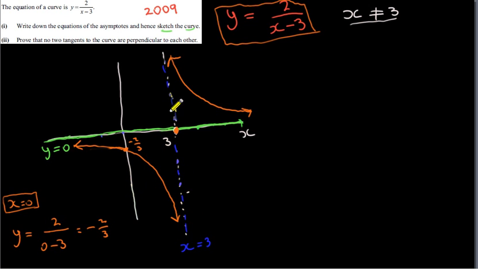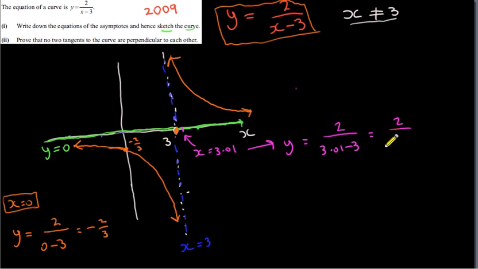So what's the meaning of this vertical asymptote? Well, as we approach 3 on our x-axis, our graph blows off to either plus infinity or minus infinity. For example, if we were to take a value just to the right of 3, suppose we took x equals 3.01, and plug that into our function, we get y equals 2 divided by 3.01 minus 3.